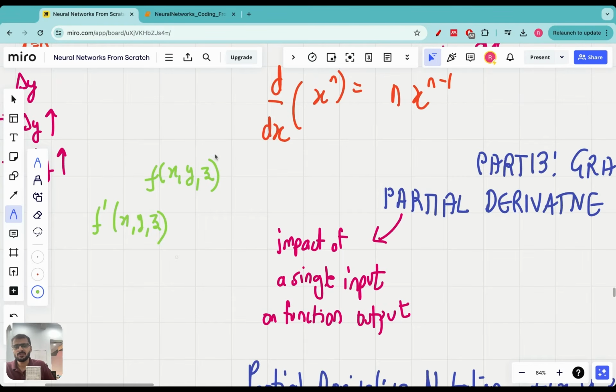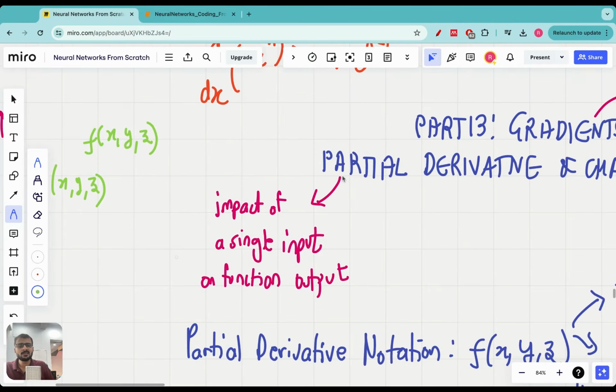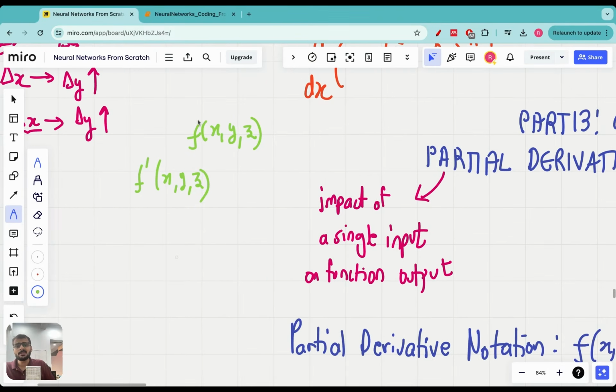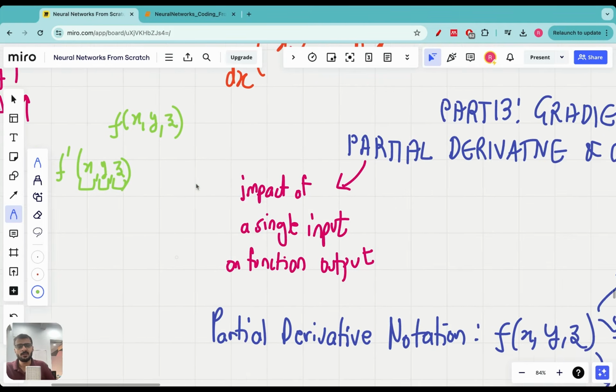That's why for functions of multiple variables, there is this idea of partial derivatives, which basically gives you the impact of every single input on the function output. So impact of x on f, or change of x on change in f, change of y on change in f, and change of z on the change in f.